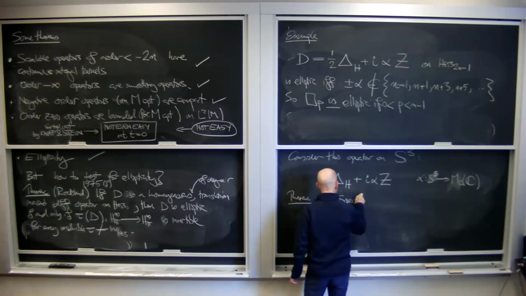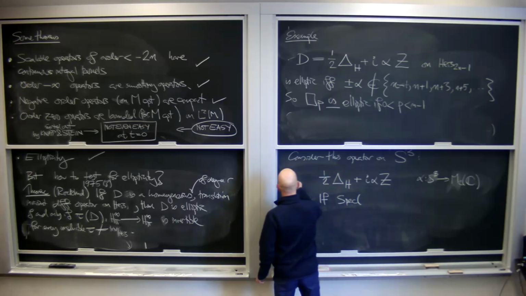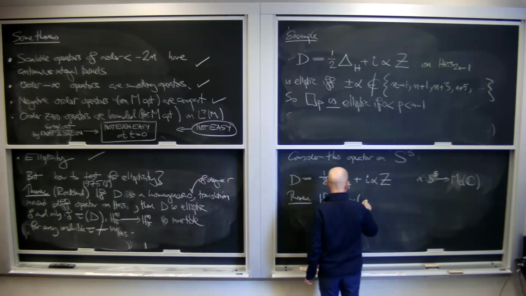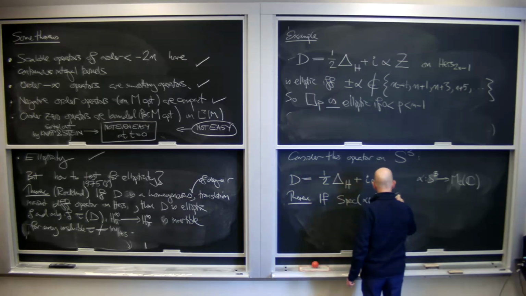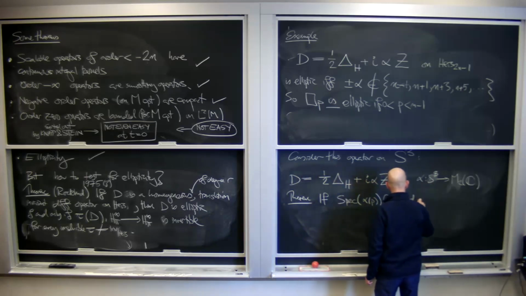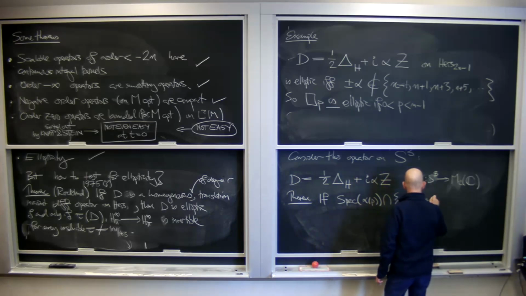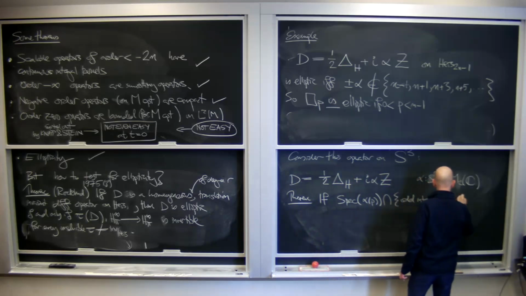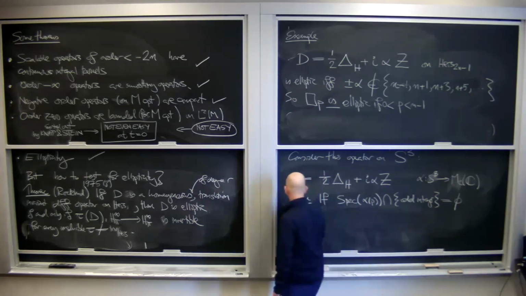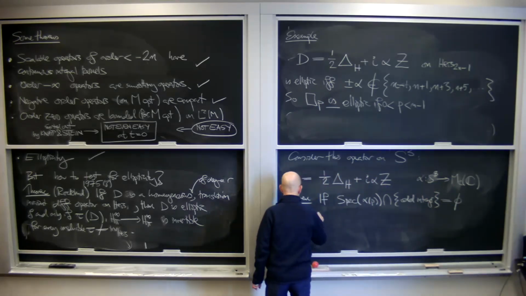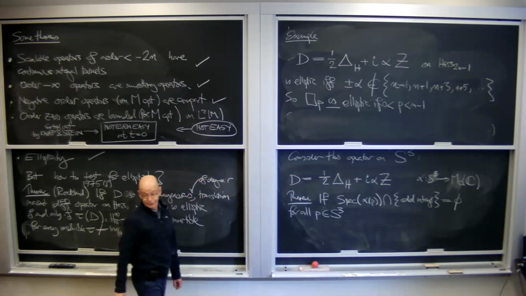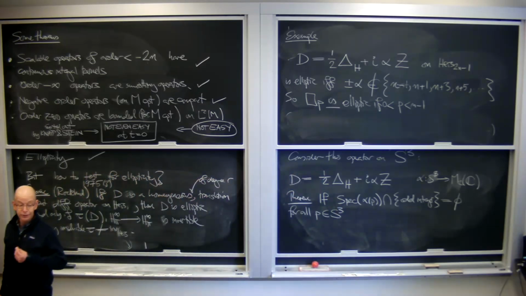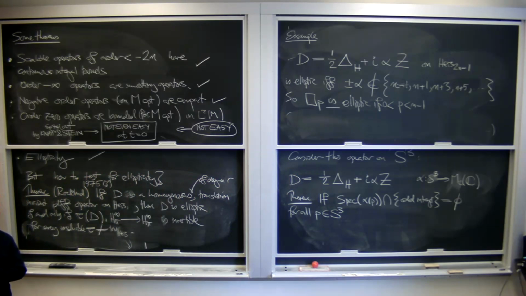So here's the theorem that emerges, if we call this operator B: if the spectrum of alpha of P does not contain any odd integer, no matter where you are on the 3-sphere, then this operator is elliptic in the calculus that we've just been describing.